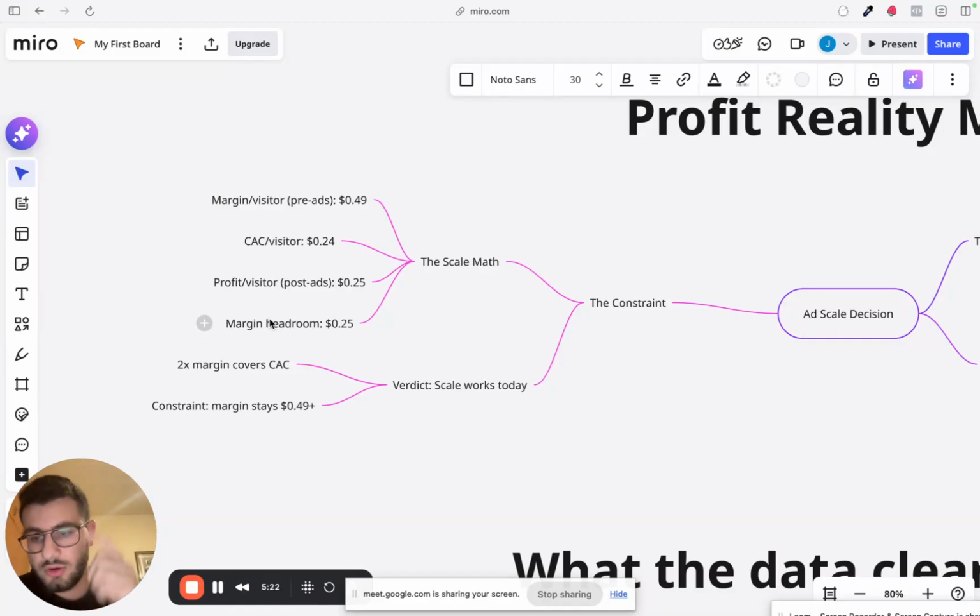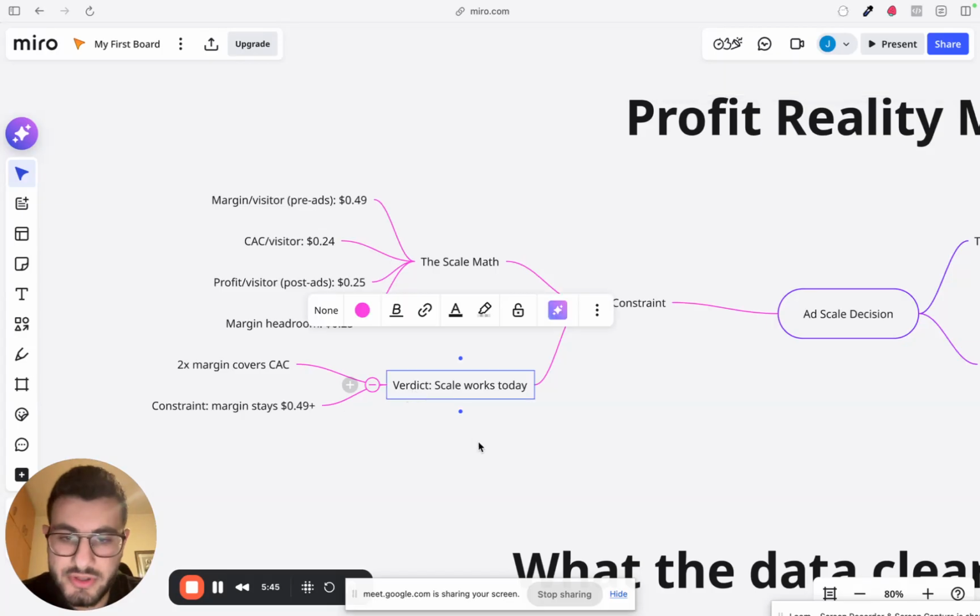Every single user that goes into your store, you win 25 cents. So you have a margin headroom of 25 cents. What does that mean? It means you can afford to get two visitors for free before getting paid.